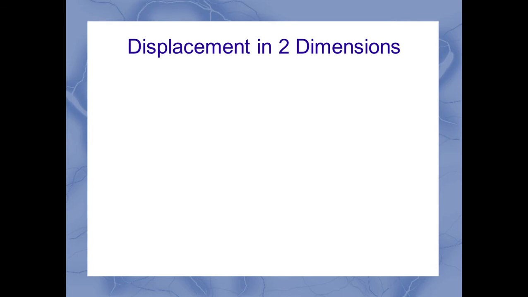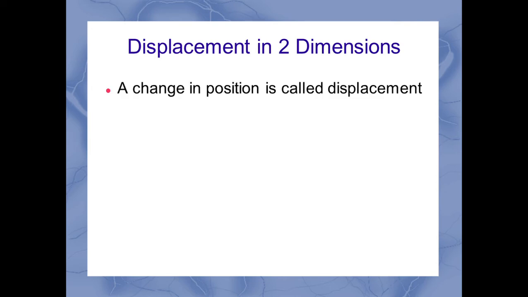Now let's say you're moving in 2 dimensions. We are generally thinking about 3-dimensional motion, but most of the time when we're moving around in the world, we're just going on the horizontal plane of the floor, whatever that is. Occasionally we worry about moving up and down stairs, up and down ramps, things like that. But in general, we're only worried about 2 dimensions at a time for the most part. So when we have that change in position, it's called displacement.